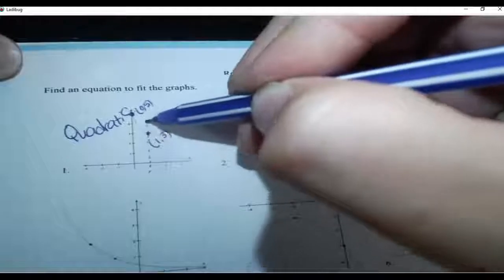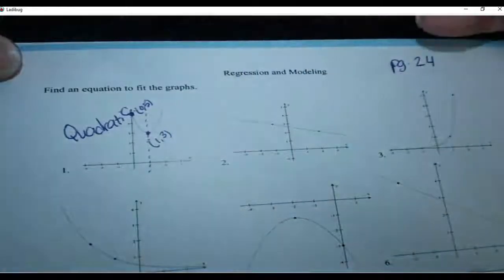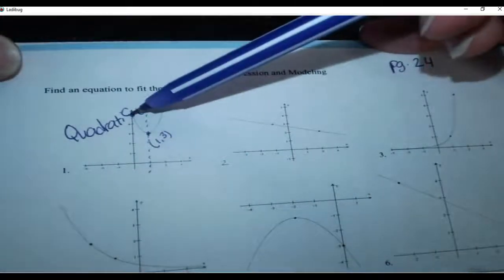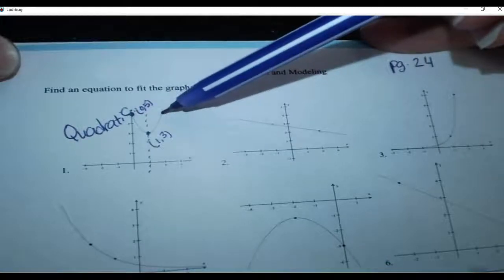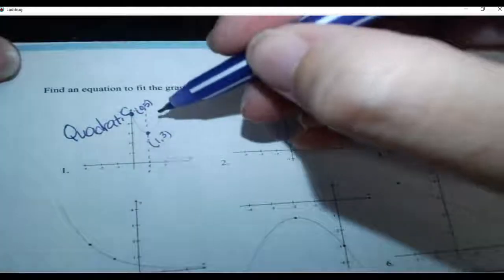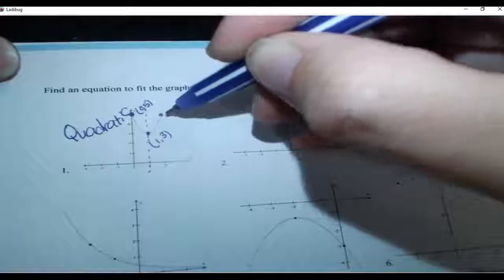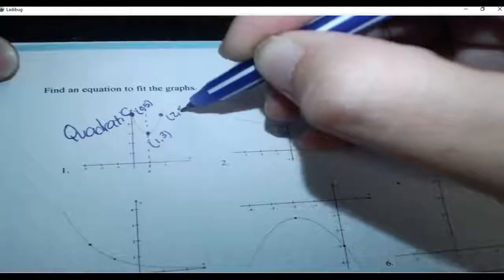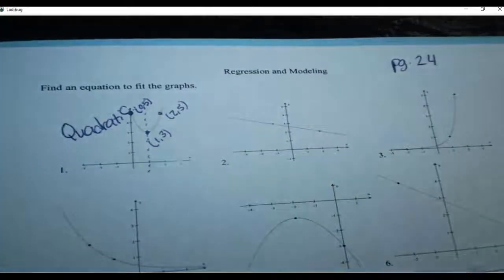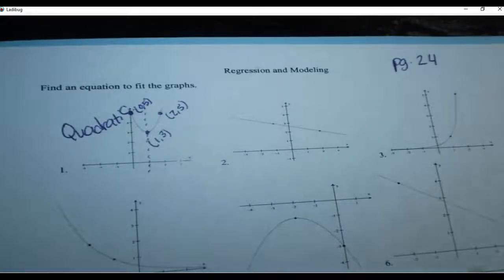They have this axis of symmetry. So if I have a point at 0, 5, if I come across here, I'll have a point here, which is at 2, 5. Okay. So you need 3 points for a quadratic.